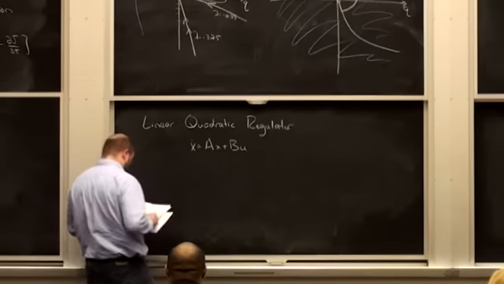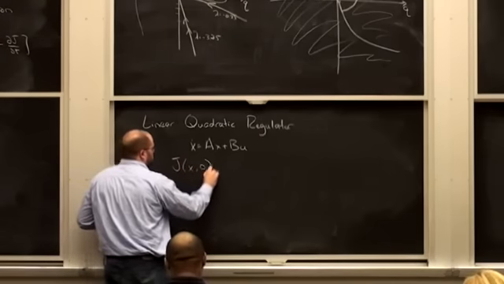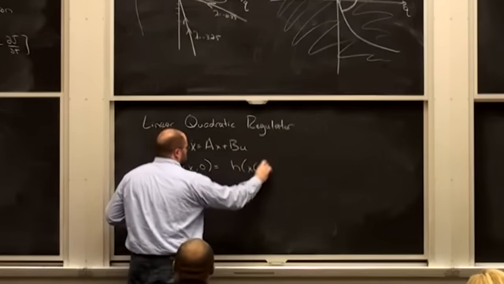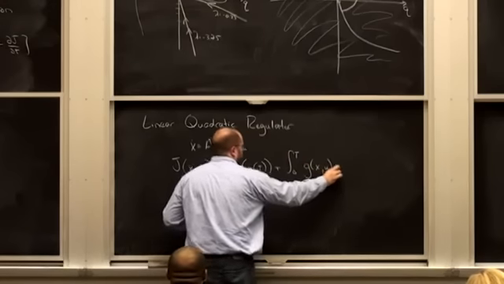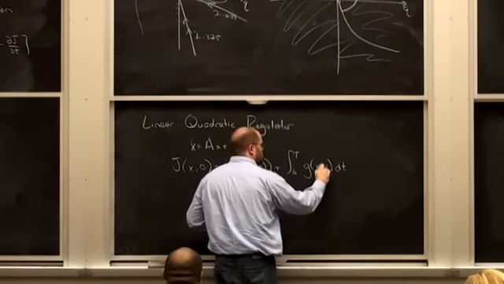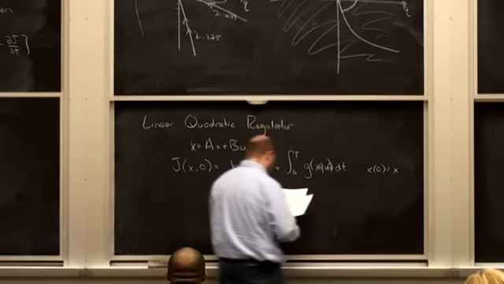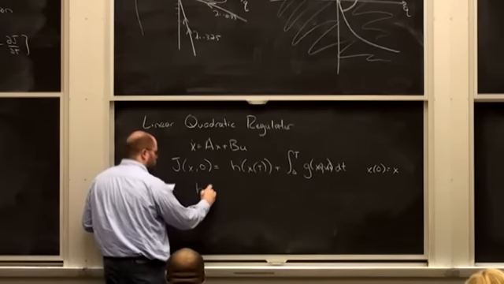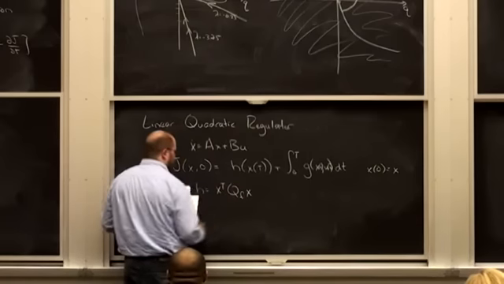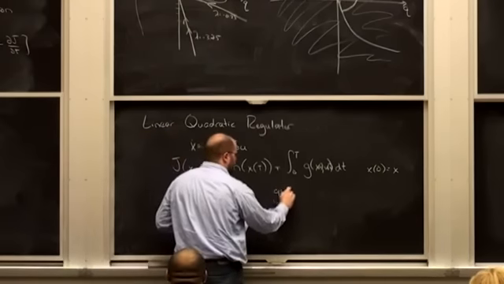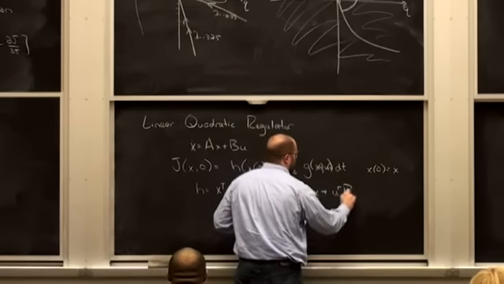And let's say I have a cost function, J of x0 is h of x(T) plus the integral of g of x, u dt, where x(0) equals x, where h in general takes the form x transpose Q_f x, and g takes the form x transpose Qx plus u transpose Ru.